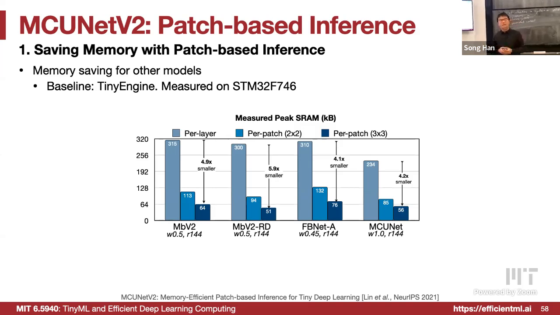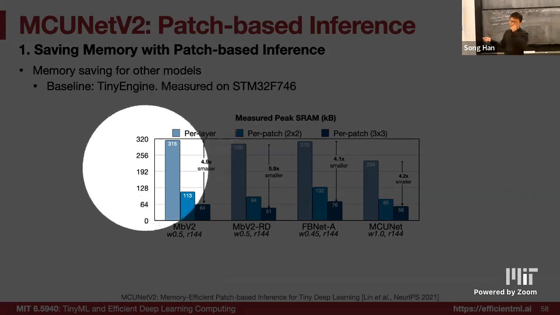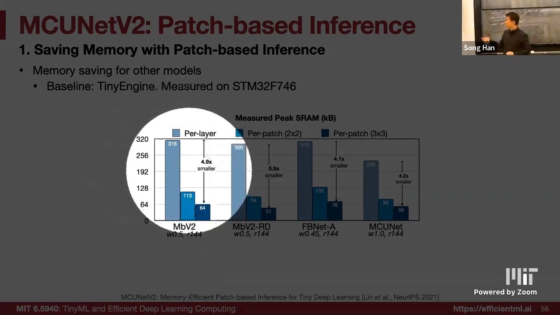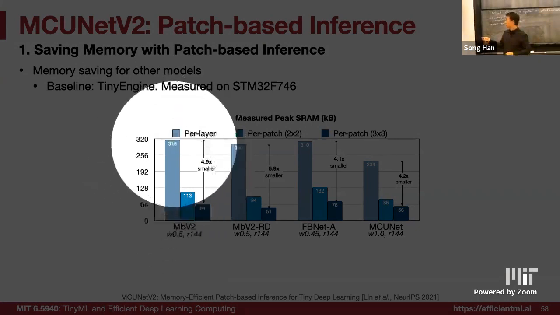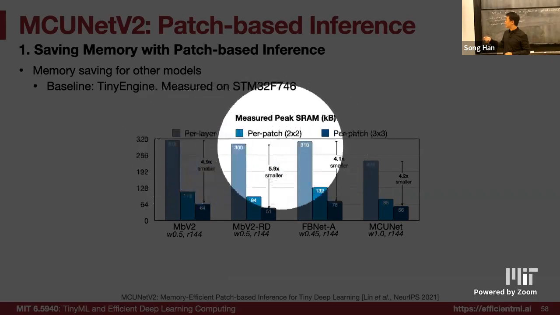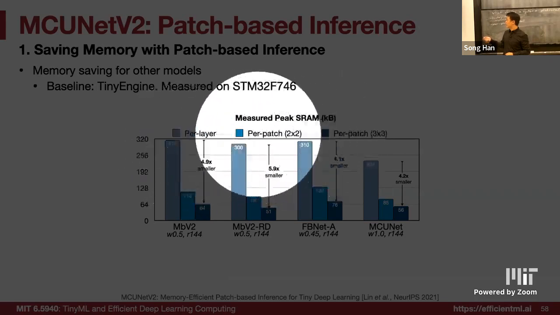And now let's see the theoretical 4x saving for 2x2 patch and the 9 times saving for 3x3 patch. What is the actual achieved saving? So the highest bar corresponds to the per layer inference, 300 kilobytes in this case.